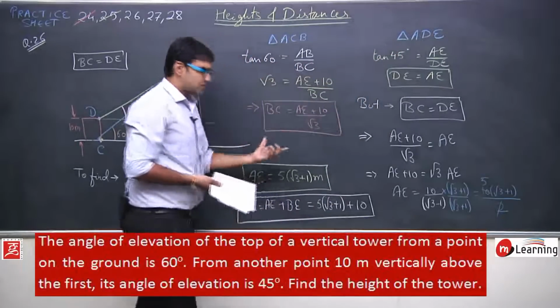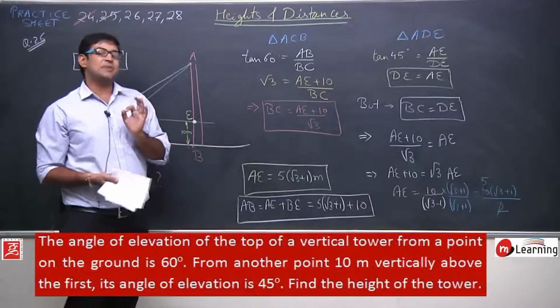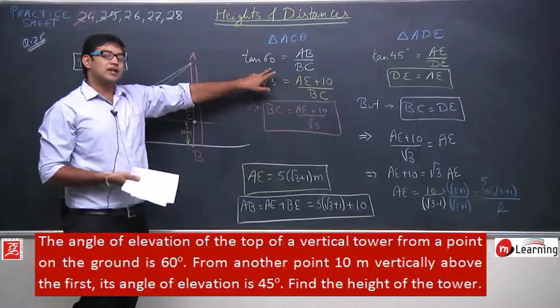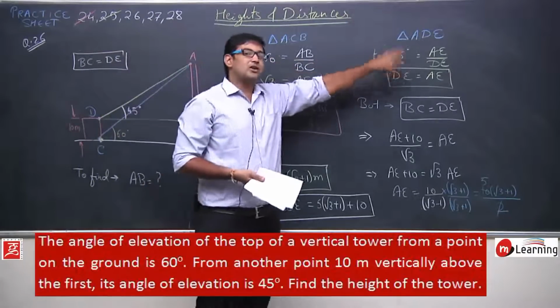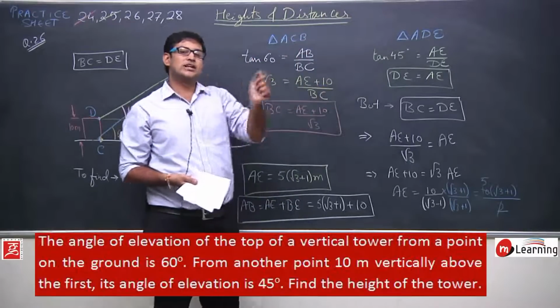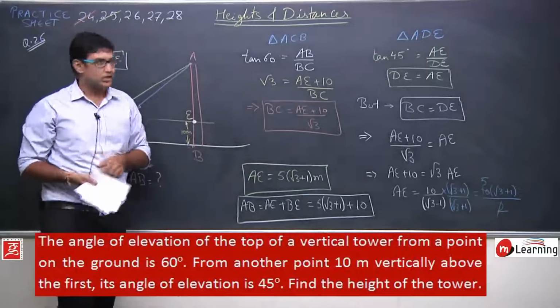So in this way you need to solve this question. Again, it's an easy question, only the complexity is to identify the triangles and determine the ratios. If you are able to identify the correct trigonometric ratio that needs to be determined, you will get the correct answer.